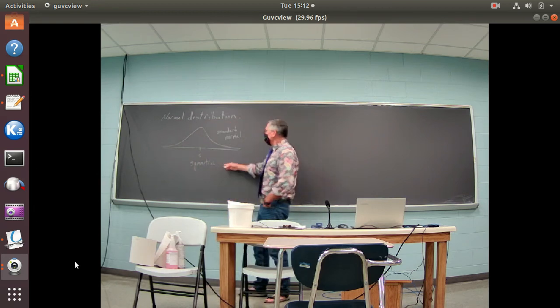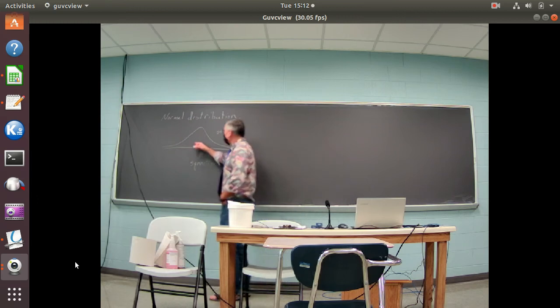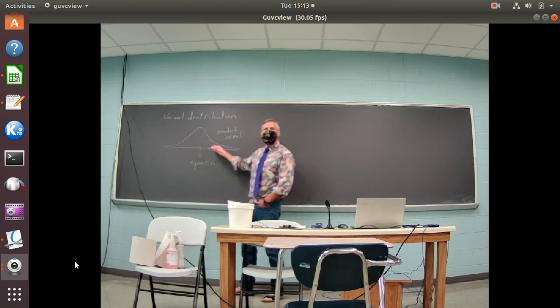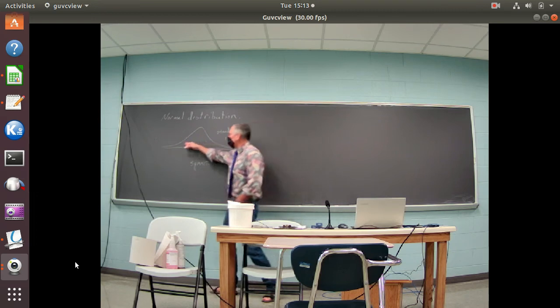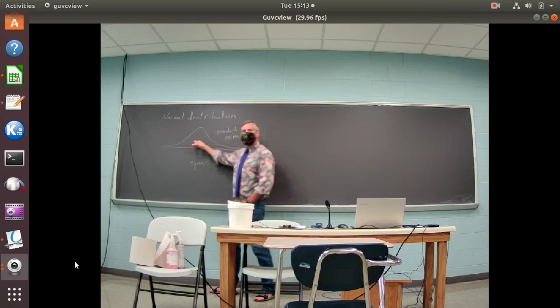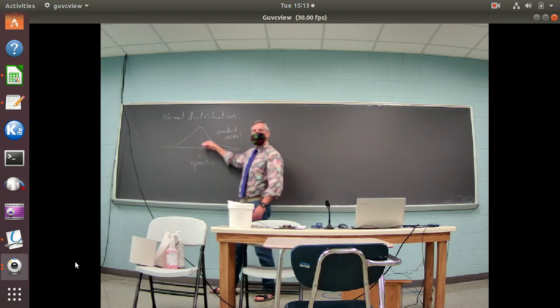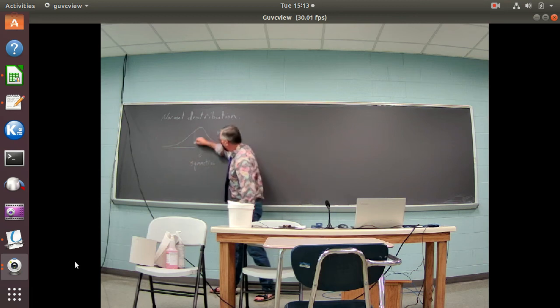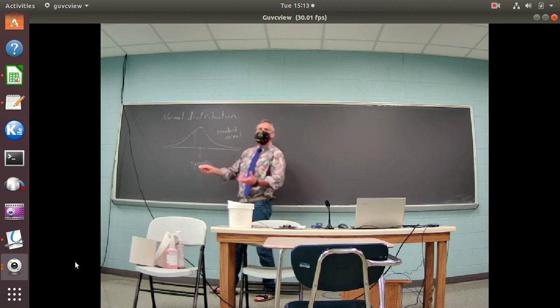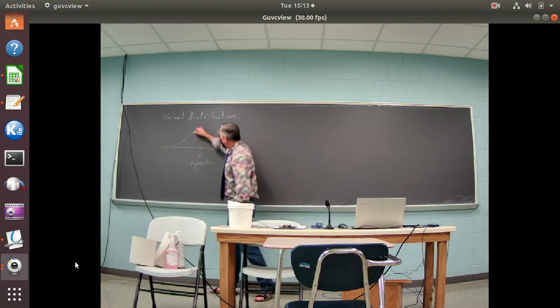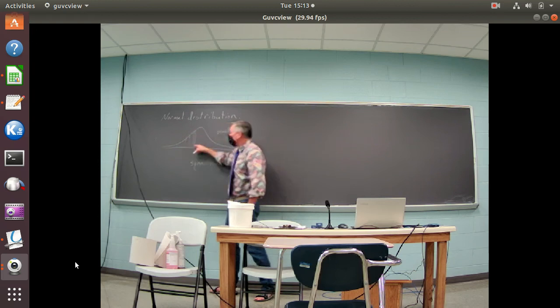In the sense of being symmetric, if I want to talk about the area under here, and what we see with histograms and bar charts and so forth is, if I want to think of that area under there as everything that can happen, these are all the observations that made a given height here. So think of it like a histogram. I had observations in there, and in there, and so forth.